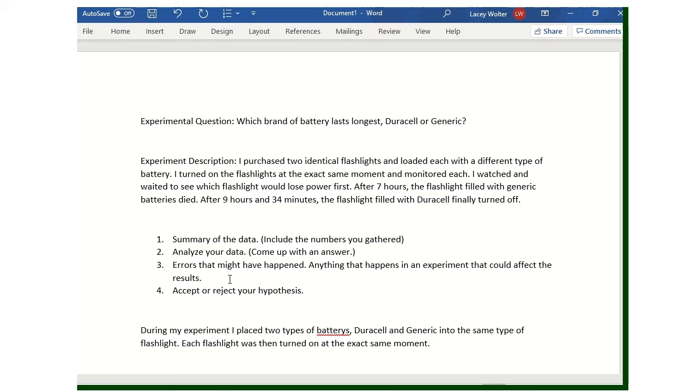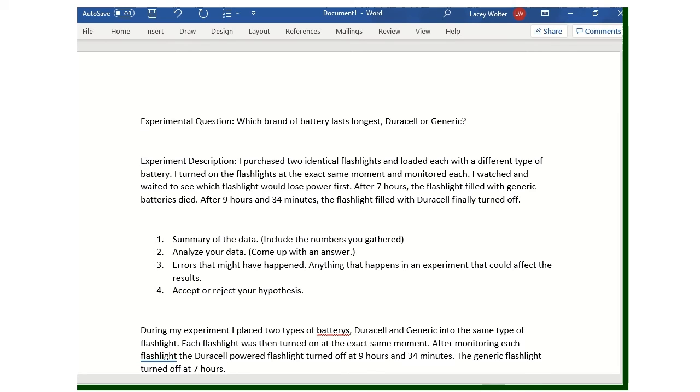Now, summary of my data. After monitoring each flashlight, the Duracell powered flashlight turned off at 9 hours and 34 minutes. Again, I'm stating my data. The generic flashlight turned off at 7 hours. Okay, so step number 1 done.